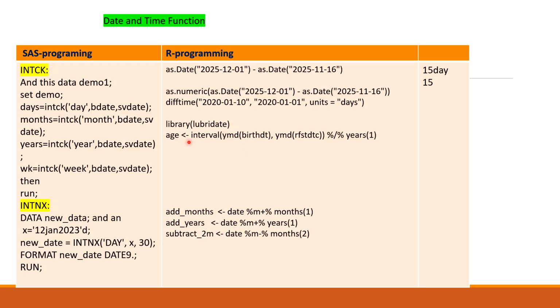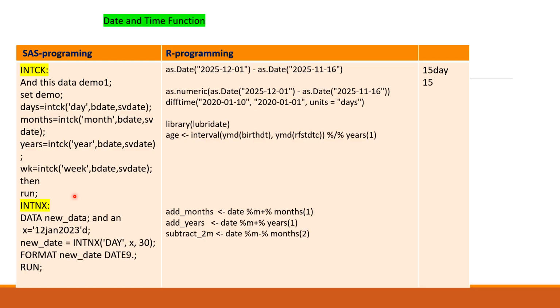Then we can write interval of ymd, ymd birth date, ymd end date, in this format. Here the important part is %/% years, so the year-wise difference will be given. If you write months, you will get the month-wise difference.